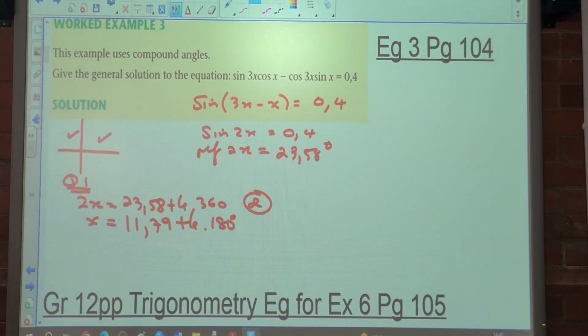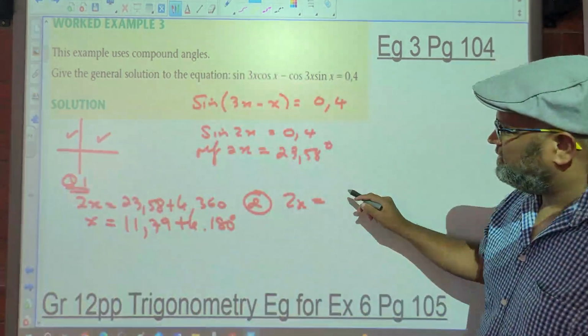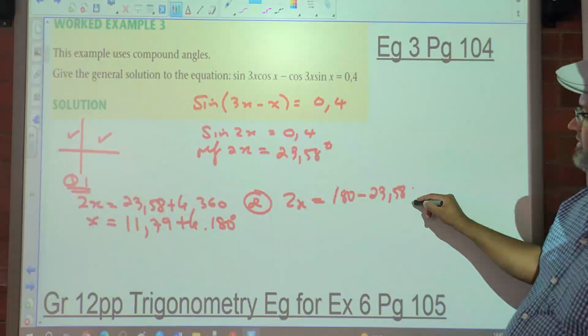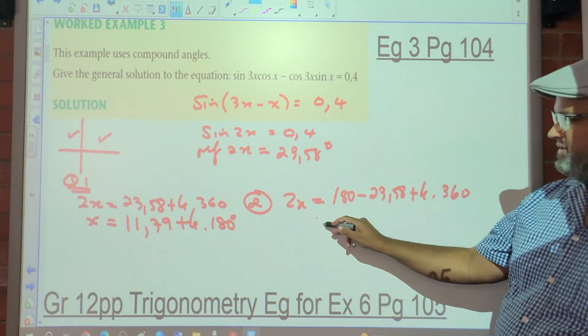So what do we do now? In the second quadrant, sine is positive in the second branch: 180 minus. So what do we get? 2x is equal to 180 minus 23.58 plus k times 360.